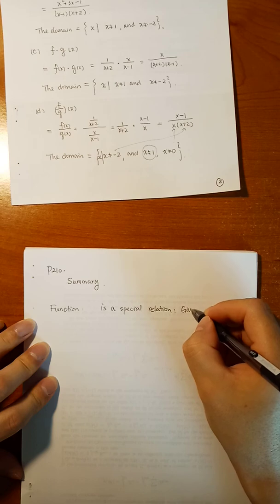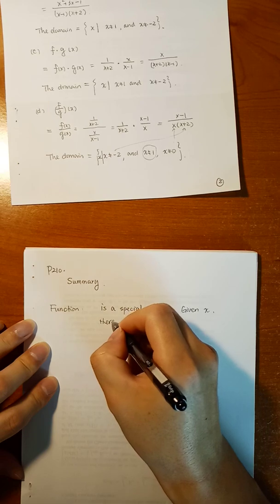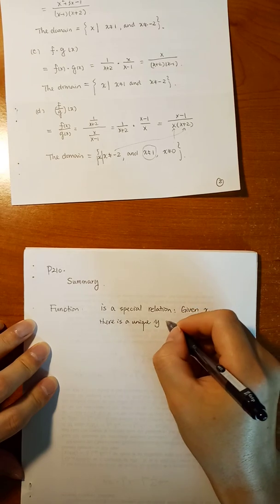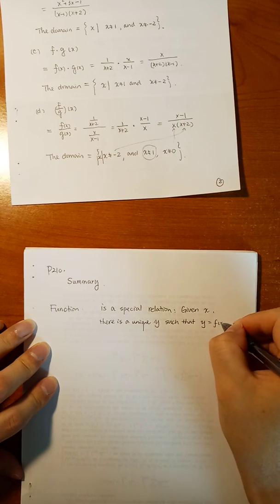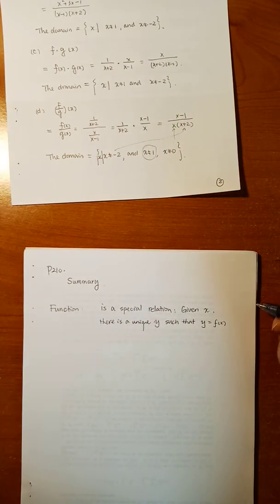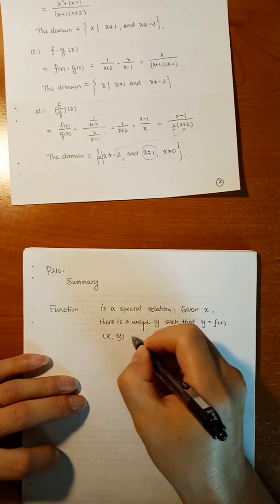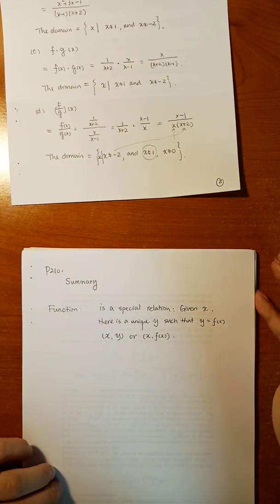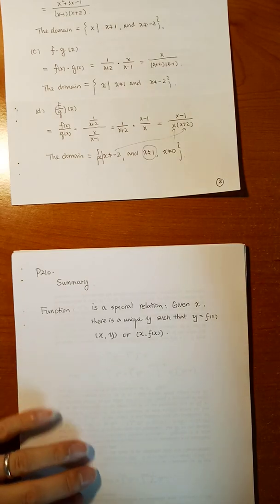Given x, there is a unique y such that y is equal to f(x). f is a relation, okay? So given one input, there is only one output. So we either write (x, y) or (x, f(x)). One input, one output. You cannot allow multiple cell phone numbers, okay?